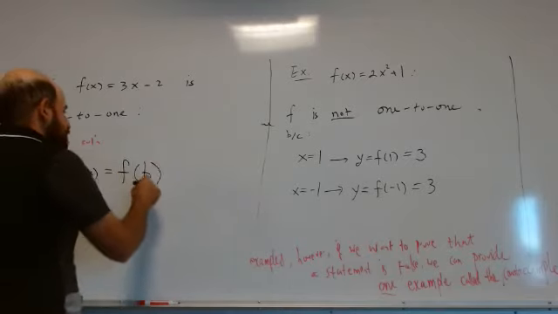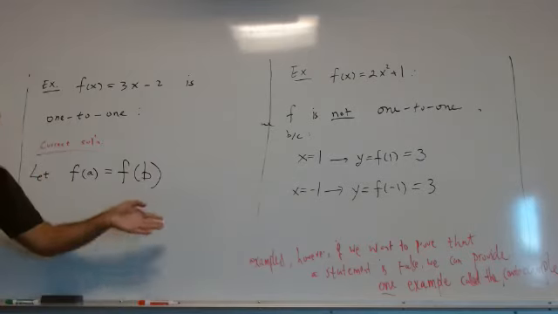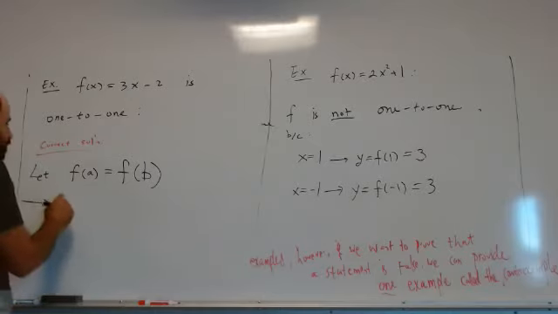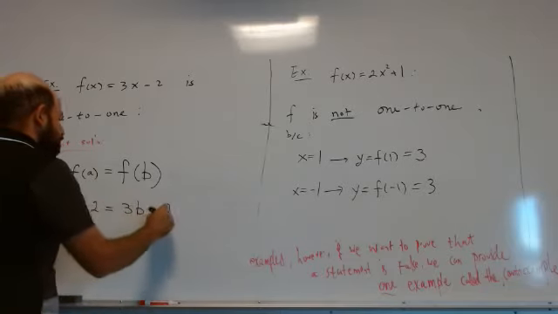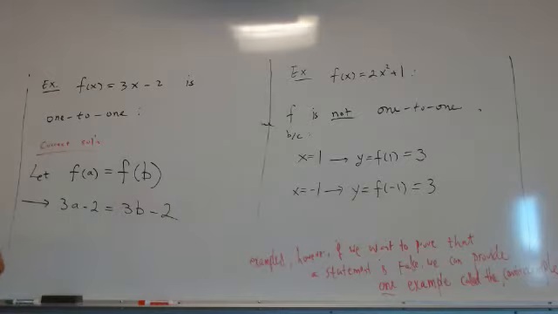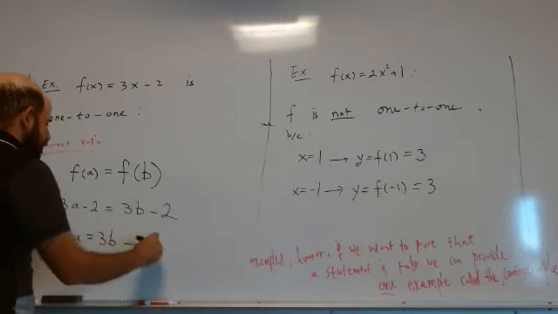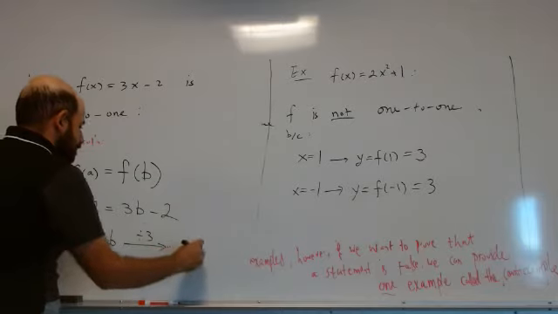We said that the function is 1-to-1 if f of a equals f of b implies that a is equal to b. So f of a equals f of b means what here? f of a is 3a minus 2 equals 3b minus 2. And then if I add 2 to both sides, I get 3a equals 3b. And then divide by 3, I get a equals b.